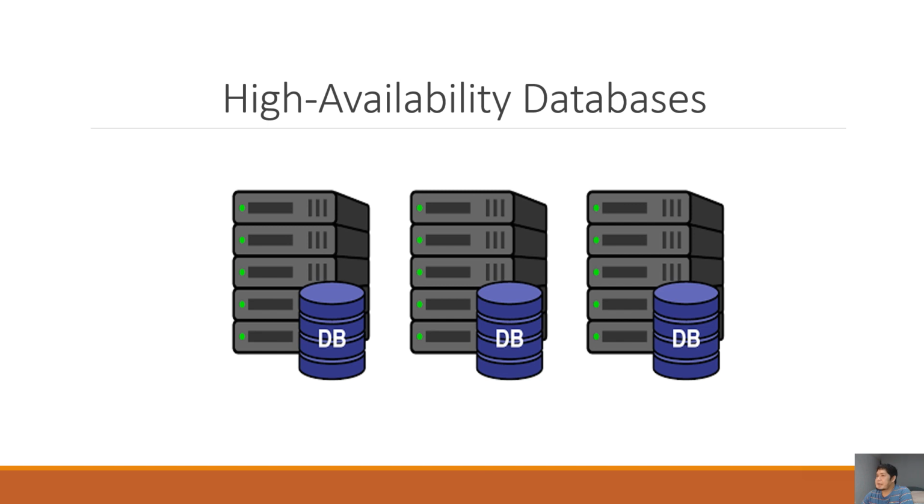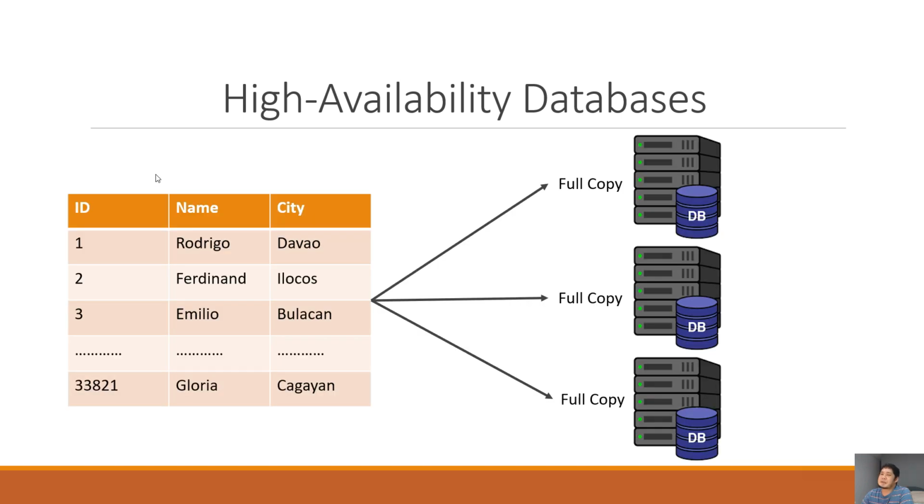Unlike the high availability databases, the implementation goes like this. Assuming that this is the master database, what happens is the whole thing is copied and distributed: a full copy to the first node, a full copy to the second node, and a full copy to the third node.